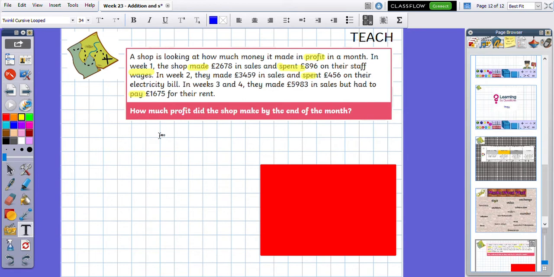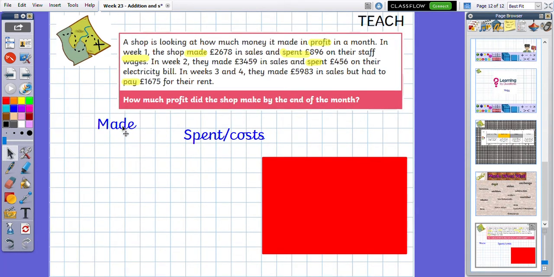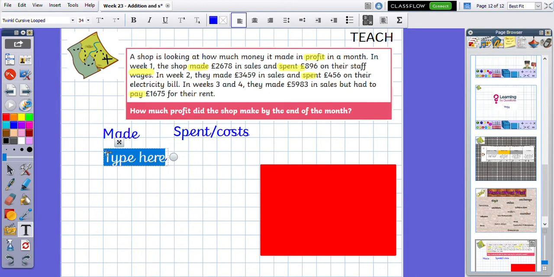What we could do is group all things into what they made and then what they spent, or their costs. Okay, so we can see that in week 1 they made £2,678. Oh, where's my pound sign gone? They made the pounds.